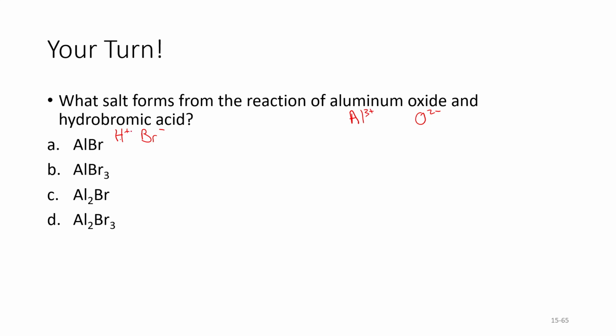The H is going to combine with the O to create H2O, and aluminum is going to combine with bromide, and when we flip down the charges, it becomes AlBr3.